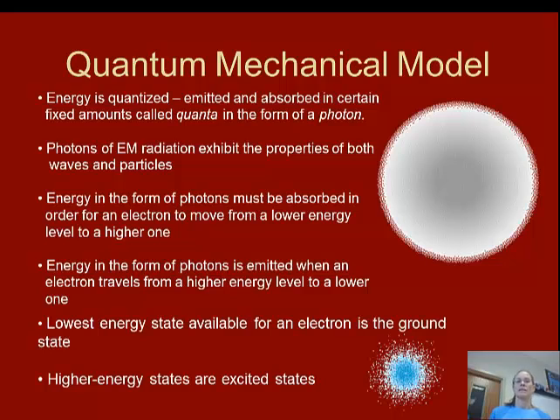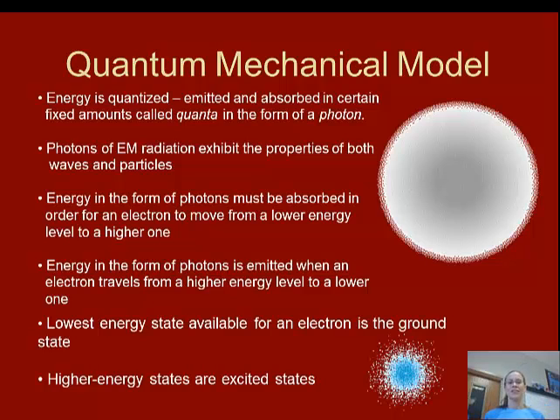Energy is quantized, meaning that energy comes in these packets, or these allowable amounts of energy that were initially termed quanta by Max Planck, and eventually that was turned into photon in terms of light energy or electromagnetic radiation.